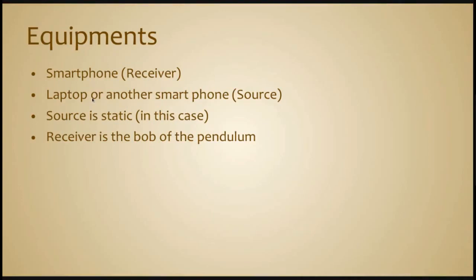That would be the source. It will produce sound. And this source is static in this case. And of course, another purpose is the laptop will control the Firefox app of the smartphone. So we need to control the Firefox of the smartphone remotely. I'll show you how.